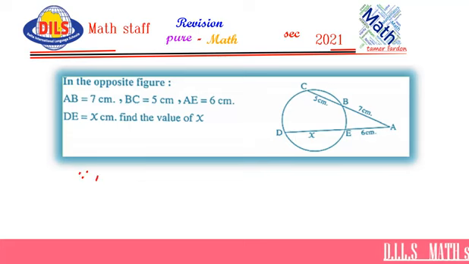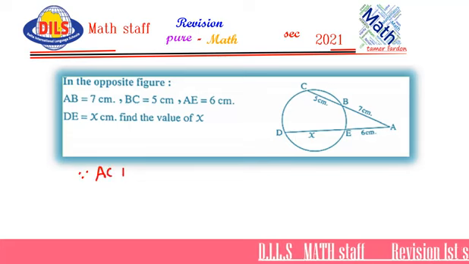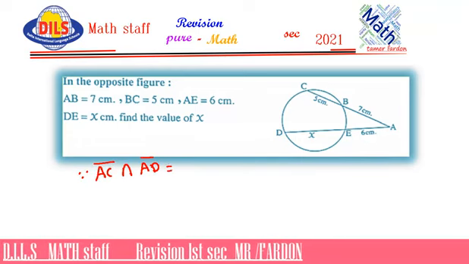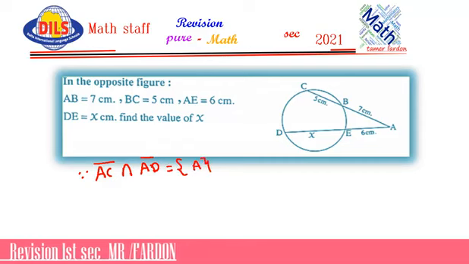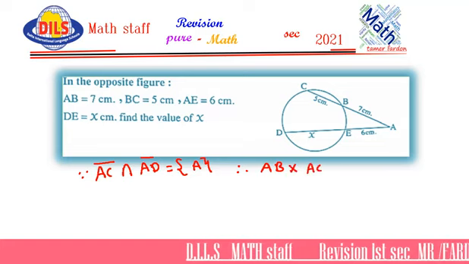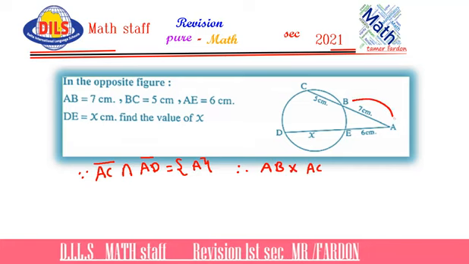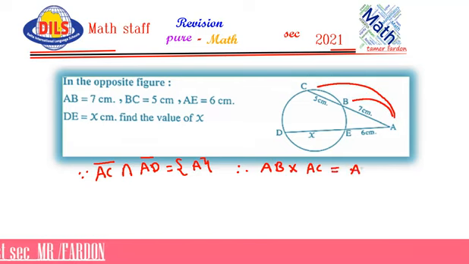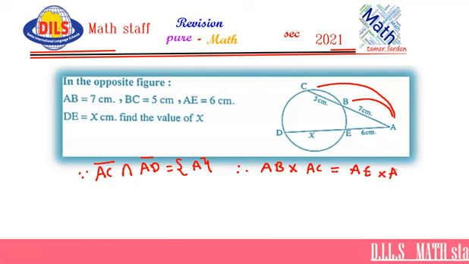Since AC intersects AD at the point A outside the circle, then AB times AC equals AE times AD.